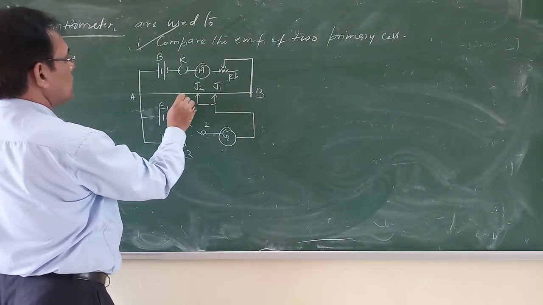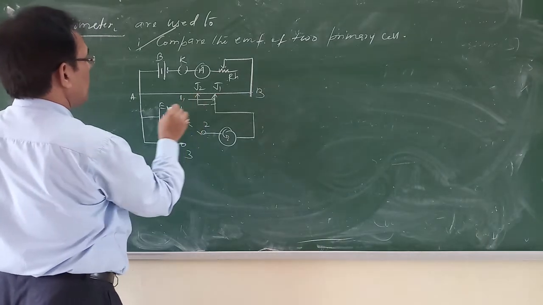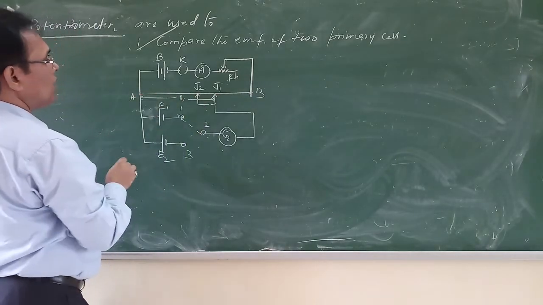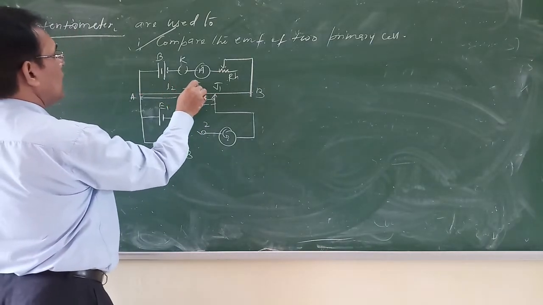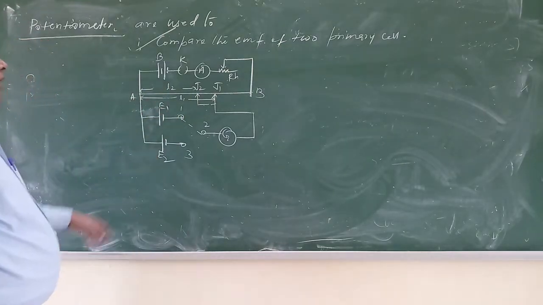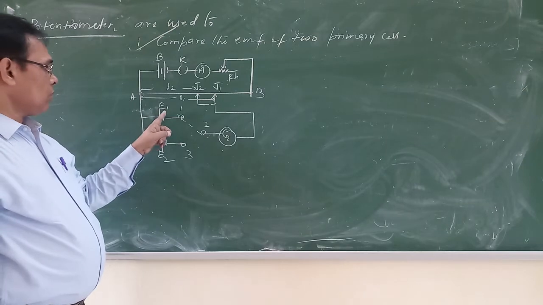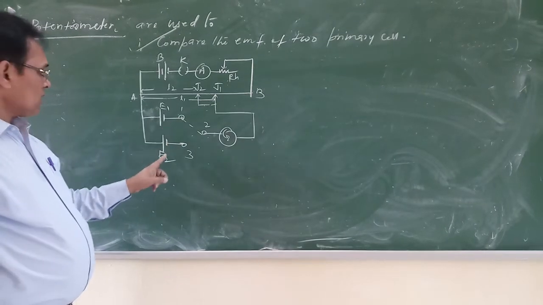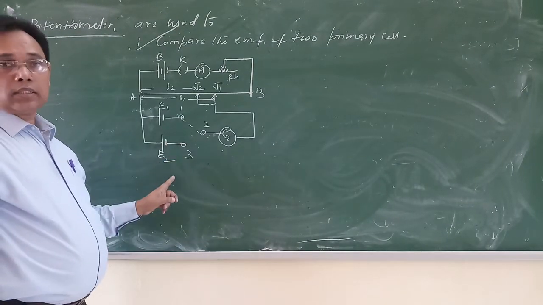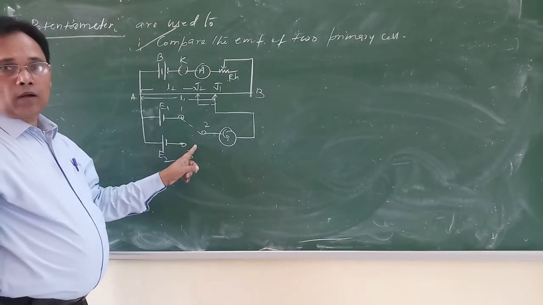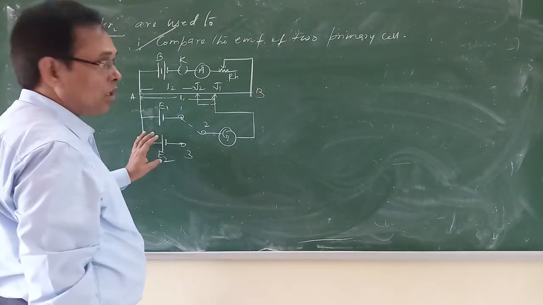This length is L1 from here, and this length is L2. So the balancing length is L1 corresponding to the cell whose EMF is E1, because the second cell is not in the circuit. This gap is not connected, so this cell does not work.